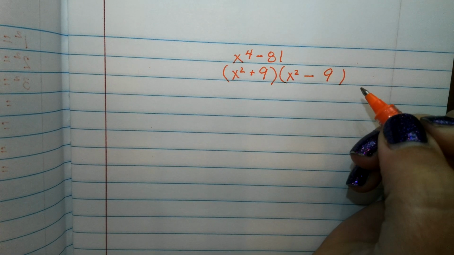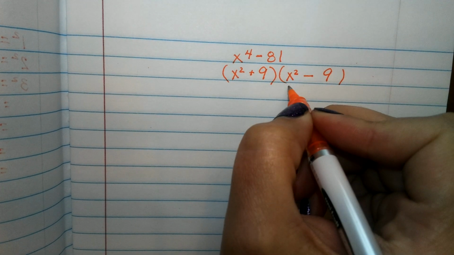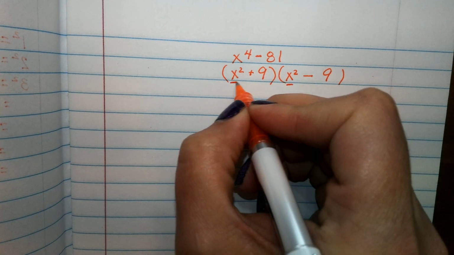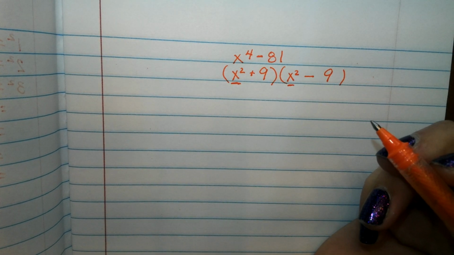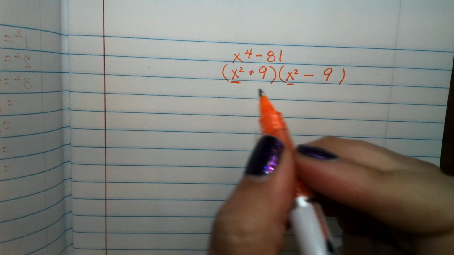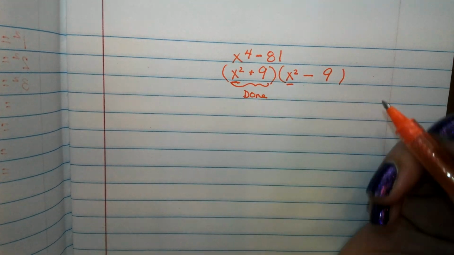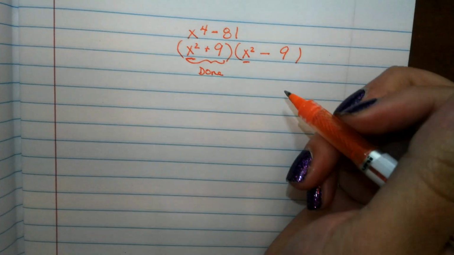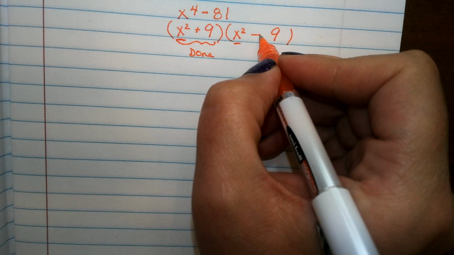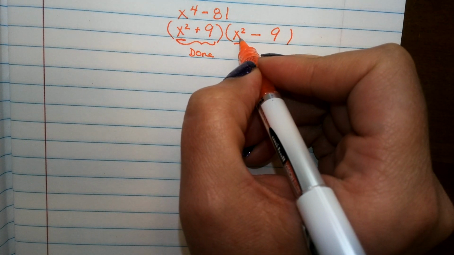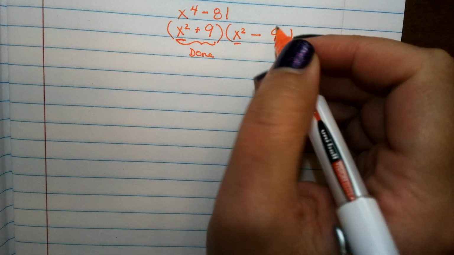Now, I have to be really, really careful when I still have perfect squares here because I need to see if I can break that down even further. I know that I am done with this one because I have a plus sign in the middle. I need to check out this one though with the minus sign in the middle. I know x squared is a perfect square. What about 9? Yeah, it's 3 times 3.